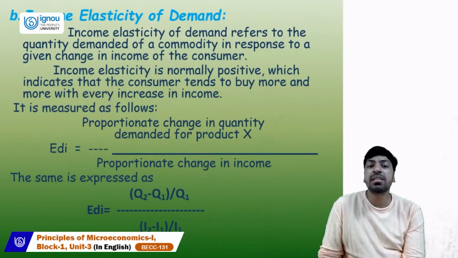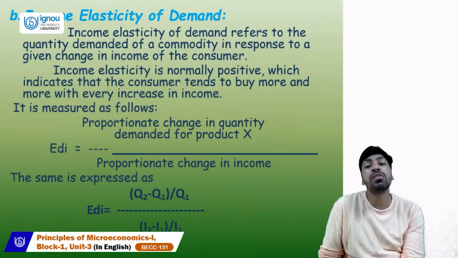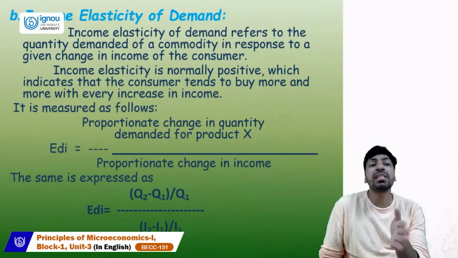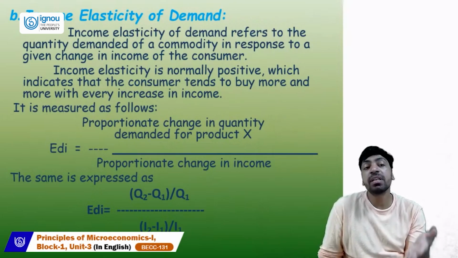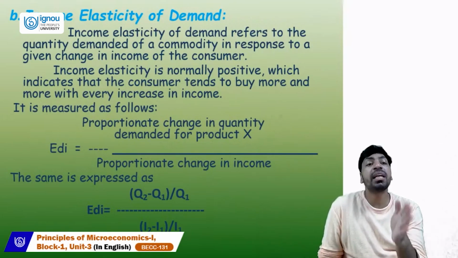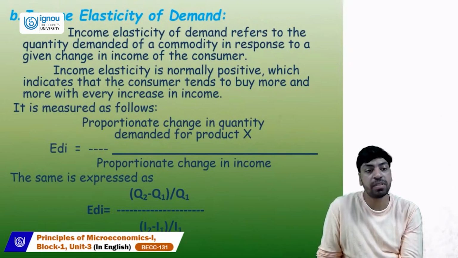Income elasticity is normally positive, which indicates a positive relationship between the quantity demanded and income. For example, if a consumer buys more tea, or buys a car, just because of an increase in income, that's called income elasticity of demand.